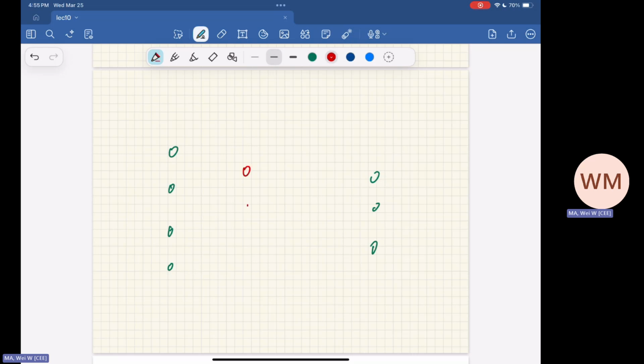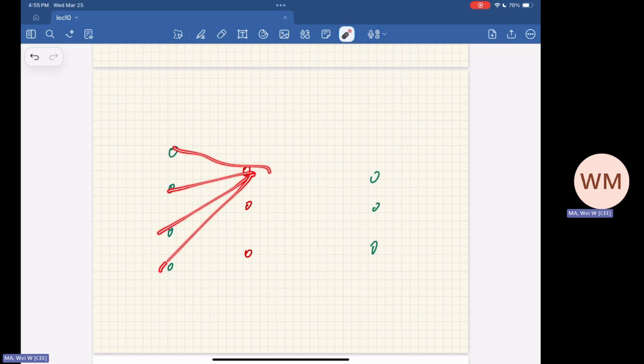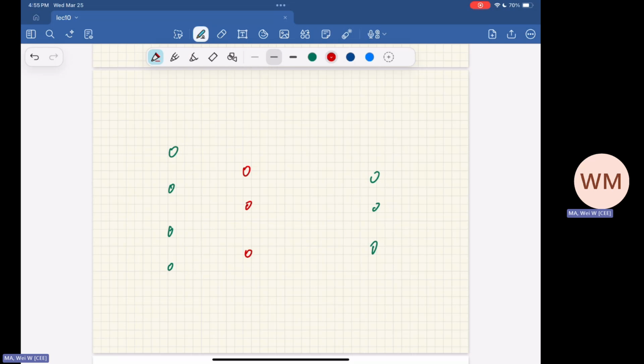So for this neuron, in the past we actually connect all these neurons to here, right? But who says that we need to do this full connection? What we can do, for example, this is arbitrary. What I can do is something like this. I select some of the input to connect to the next layer.